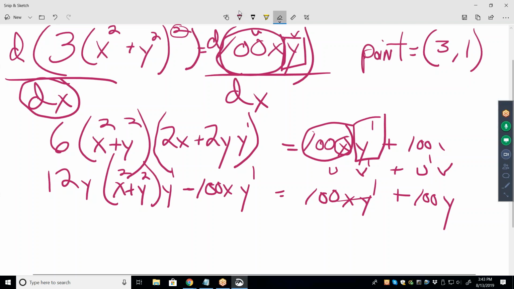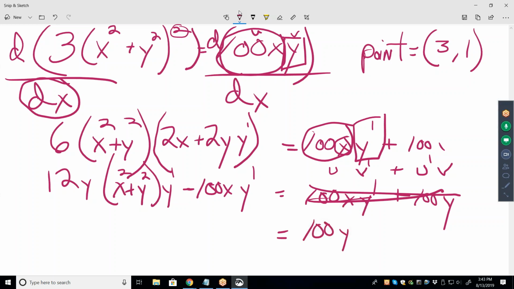I don't know how to use this program when I'm in this mode. Okay, that's going to be equal to, in other words, this is all just algebra. That's right. There's no y primes on the right side. So the only y primes we have are that one and that one.